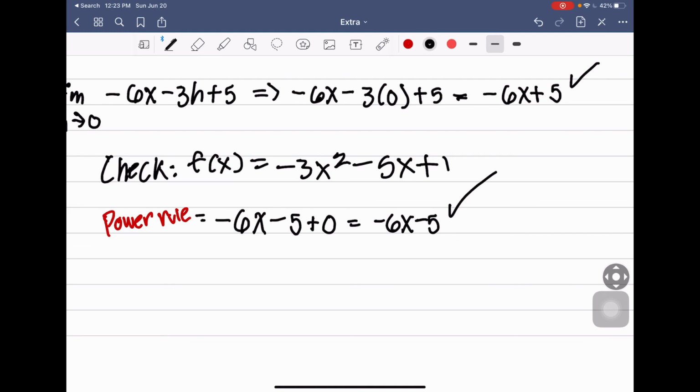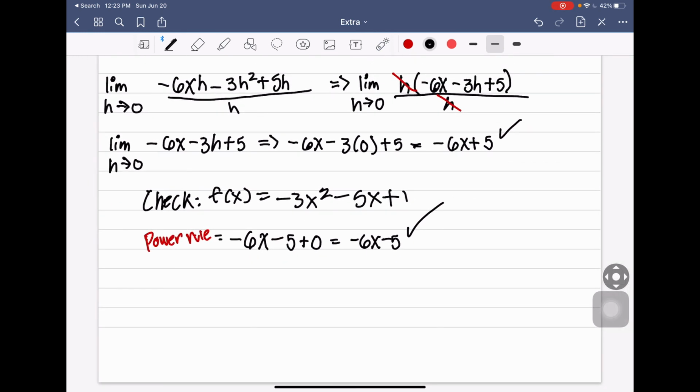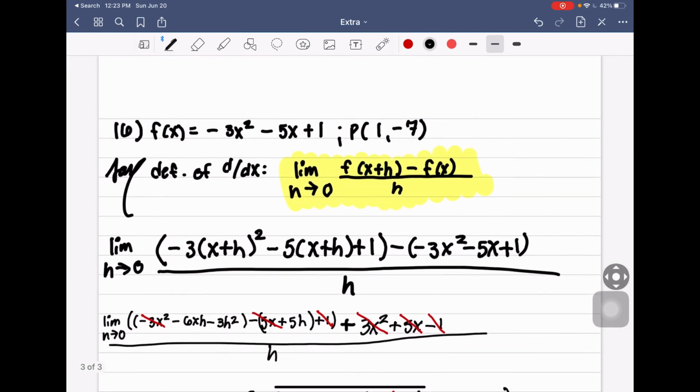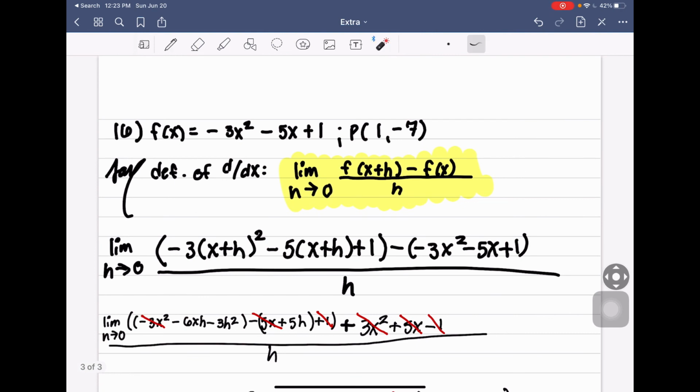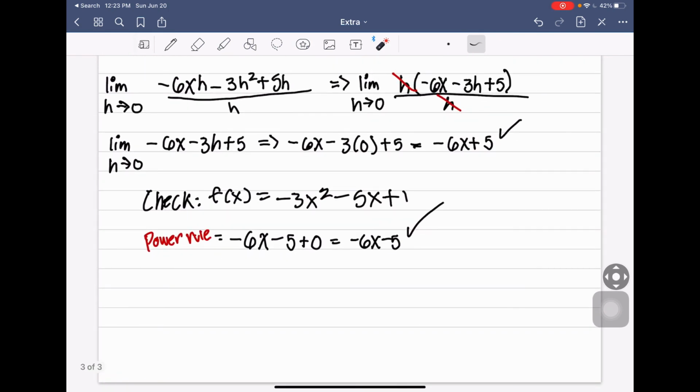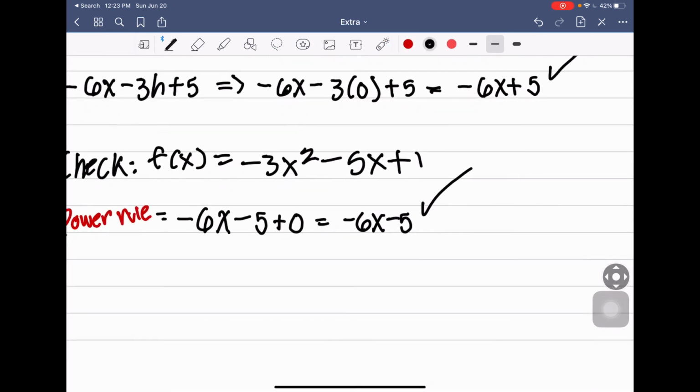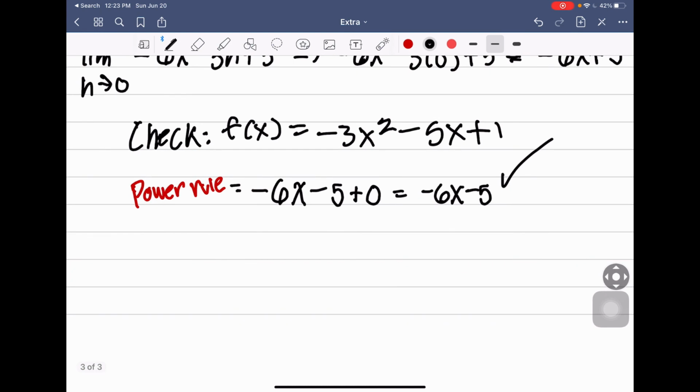Same answers. Okay, now what do we do to plug in our point of 1 and negative 7? Well, that is very easy. All we do is take the derivative of f when x is equal to 1, because our point is 1, negative 7.